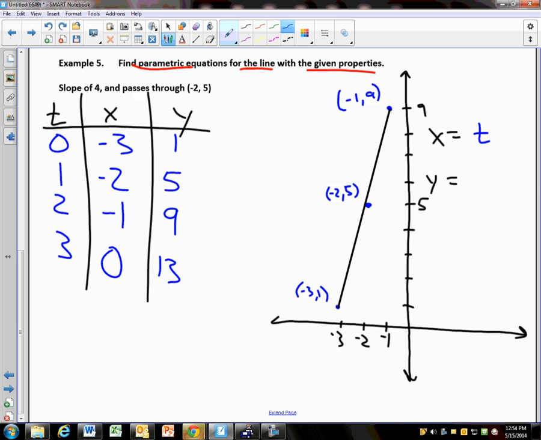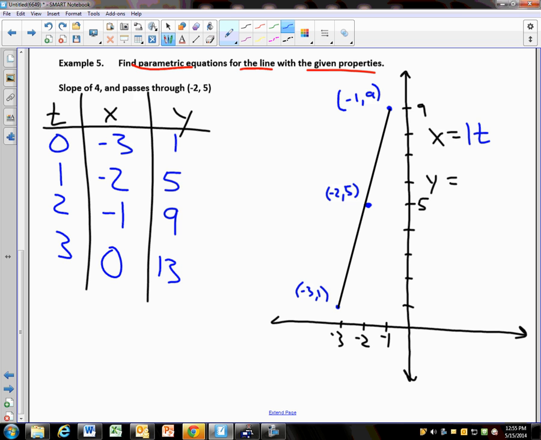Let's figure out the slope of x. As t goes up 1, x goes up 1, right? We put a 1 in front of the t. What would be the intercept?